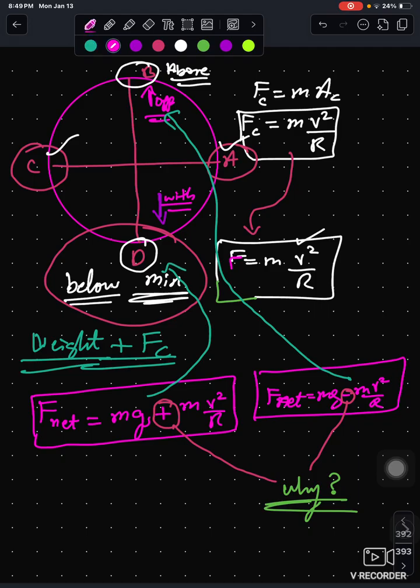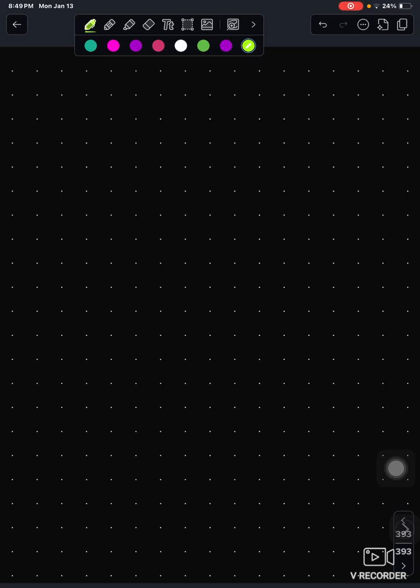Now when we look at this equation, the specific part I want to show you is mg minus mv square over r. Look at this part carefully.